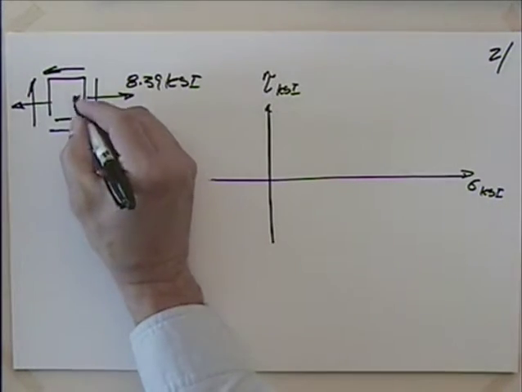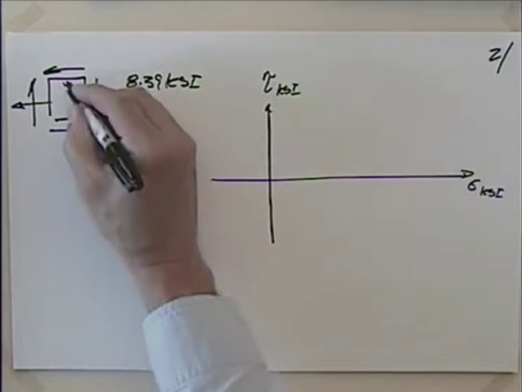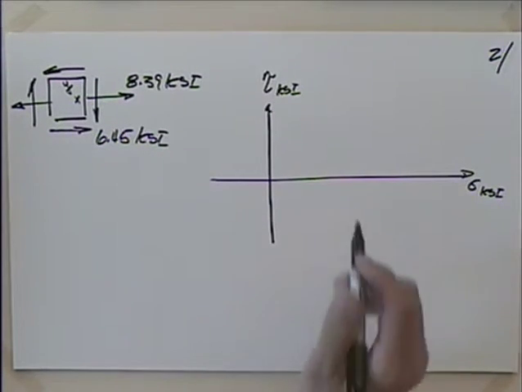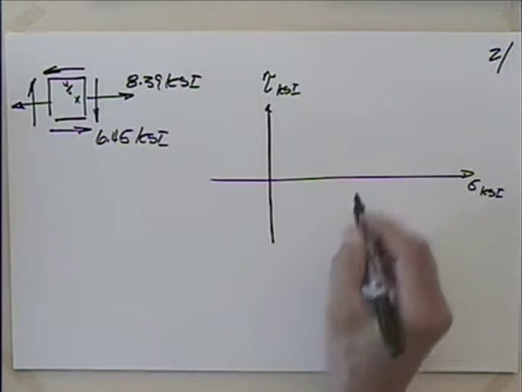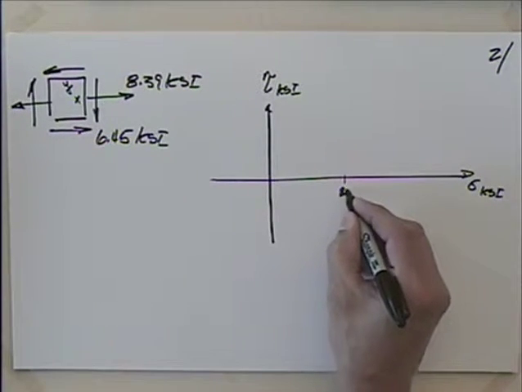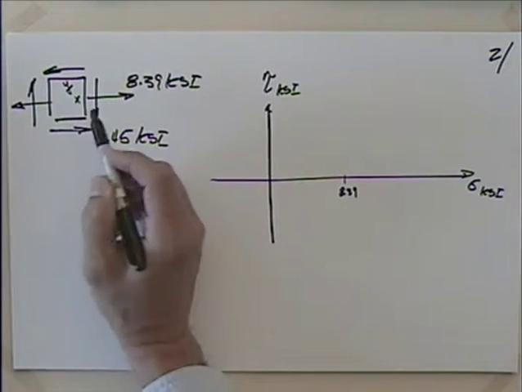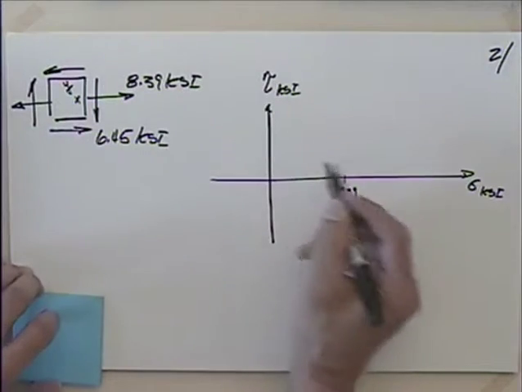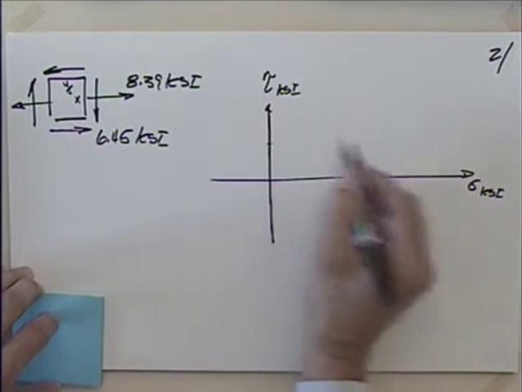So if I look at the X face and the Y face, just to give us something to talk about, I have 8.39, so there must be 8.39. And on the X face, the shear is going to tend to rotate it clockwise, isn't it? So I'll have 6.45.